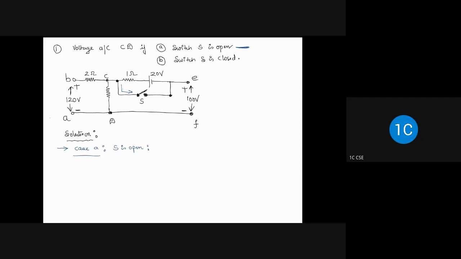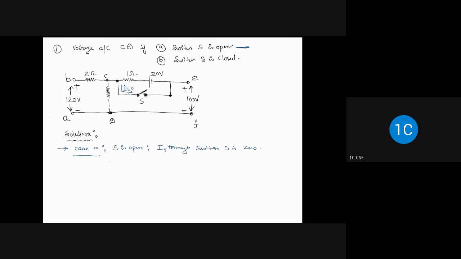Will there be any current flow through the switch? No, sir. So let me say I through switch S is 0.